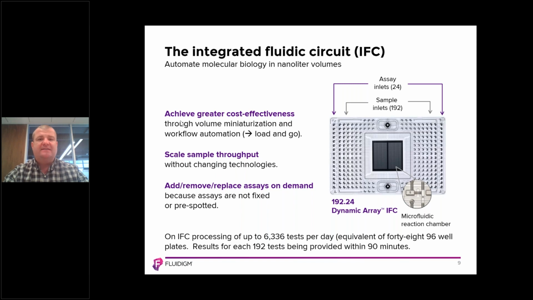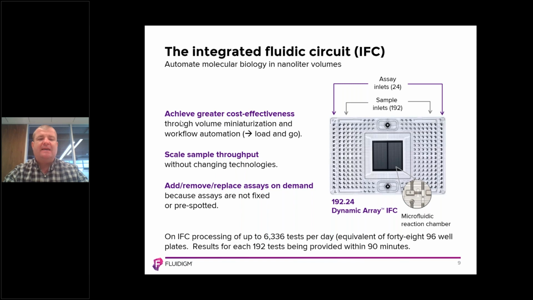It's also more cost effective because the hands-on time of using a microfluidic device is way lower than using a 96 or a 384 well plate. That also enables you to load and go, meaning that you pipette the samples and assays into one integrated fluidic circuit, and then the Juno and the Biomark HD system take care of the rest, load and go.